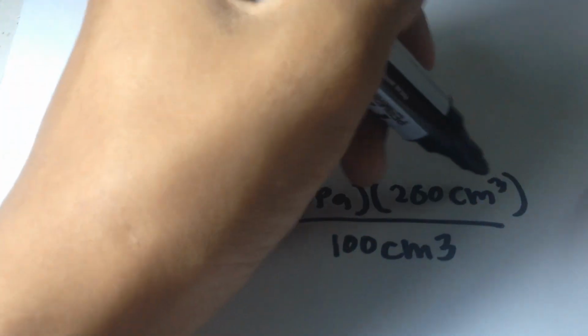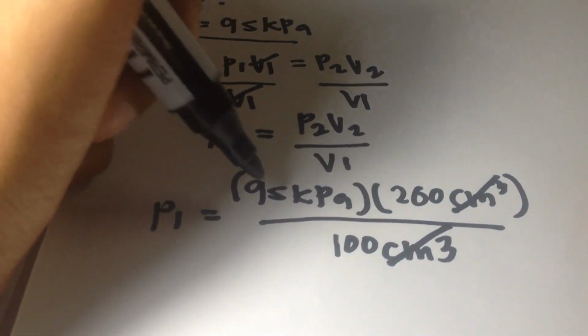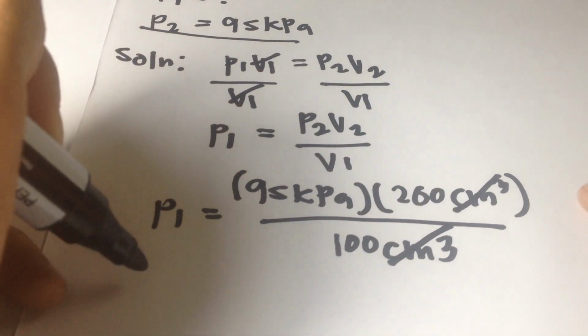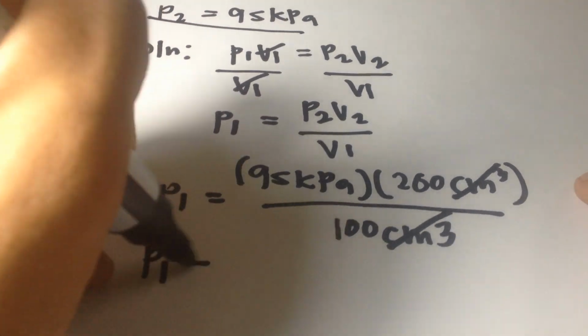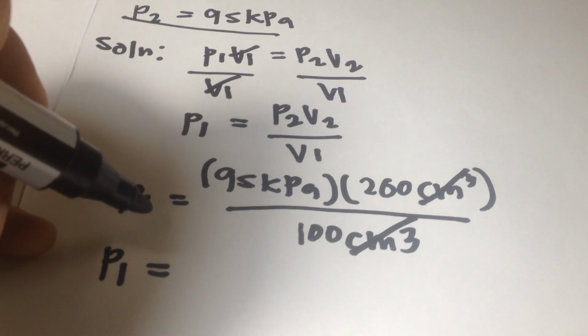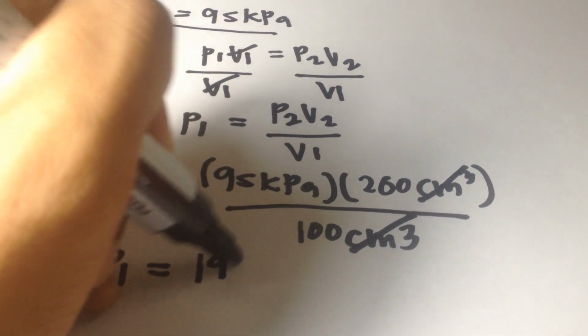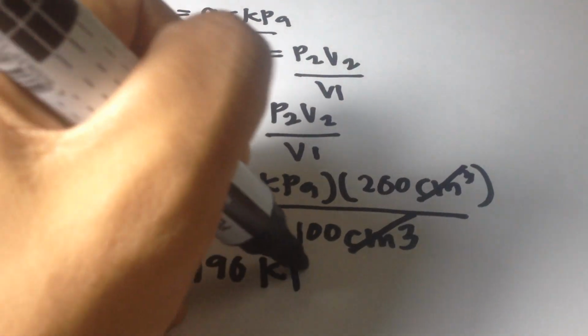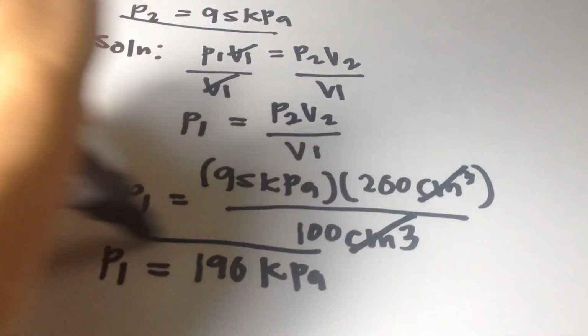So cancel out both cubic centimeters, and the left is kilopascal. So pressure 1 is equal to 95 times 200 divided by 100, which equals 190 kilopascal. So that's your final answer.